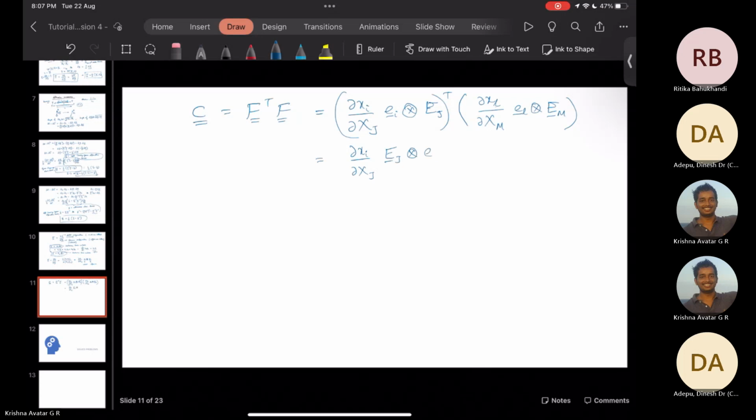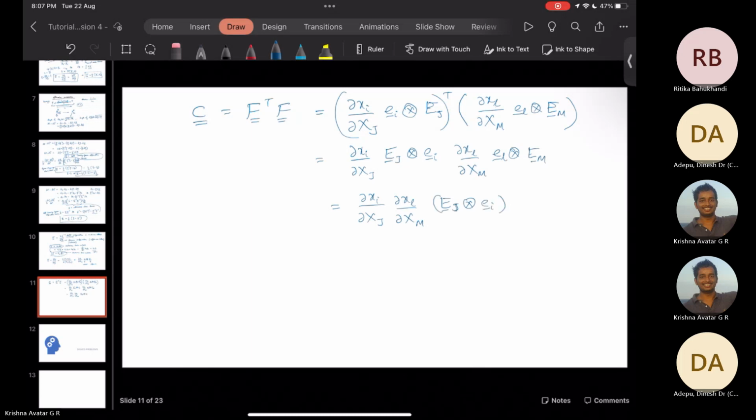We can write it like this as well, multiplying with xl by capital XM, EL and EM. Then we use all the properties of these tensor operations. XJ and these are just scalar quantities, so I'll bring them to this side. Now let's operate.